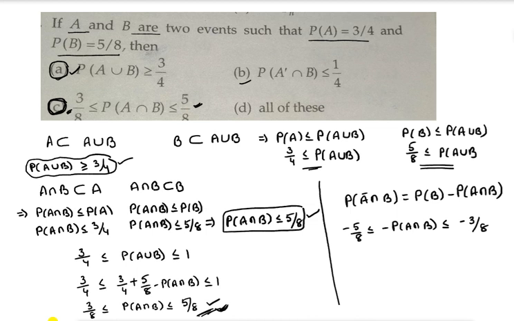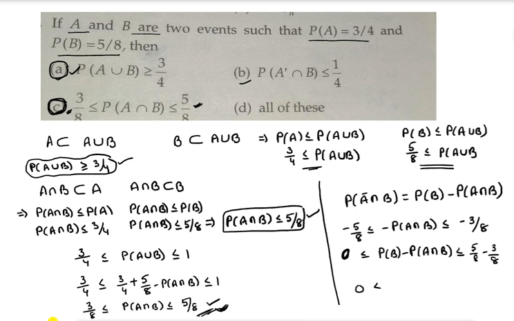Now what I am doing is, throughout the inequality I am adding P(B). That's why the left side becomes 0, because P(B) is equal to 5 by 8, so 5 by 8 minus 5 by 8 is 0. This is less than or equal to P(B) minus P(A intersection B), which is less than or equal to, after adding P(B), whose value is 5 by 8, 5 by 8 minus 3 by 8, that is equal to 2 by 8.